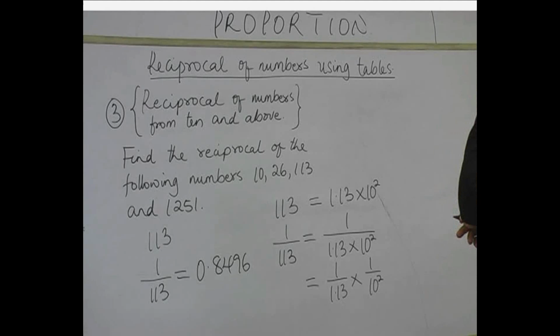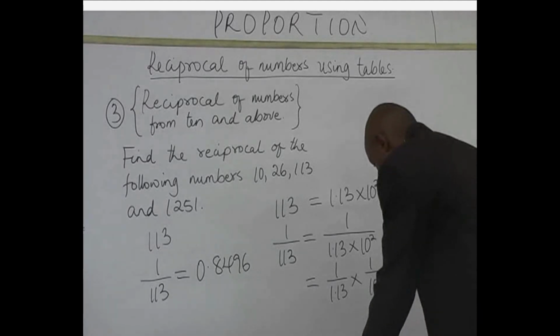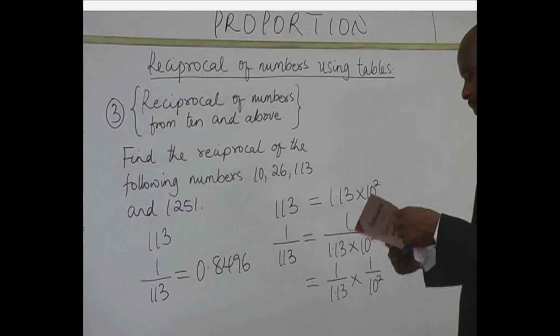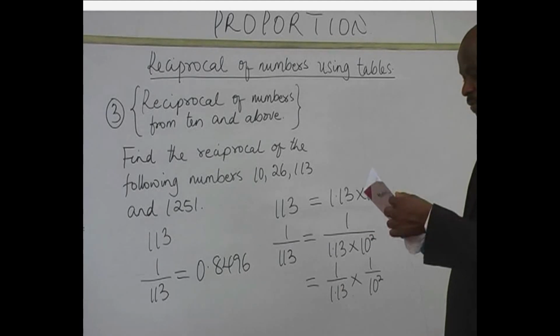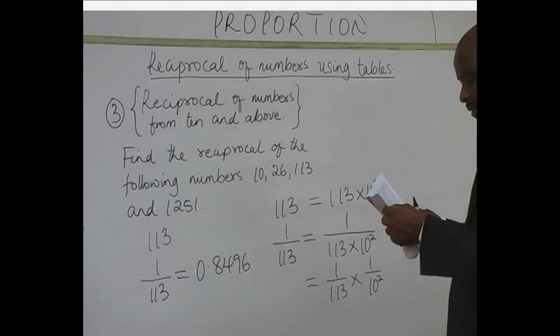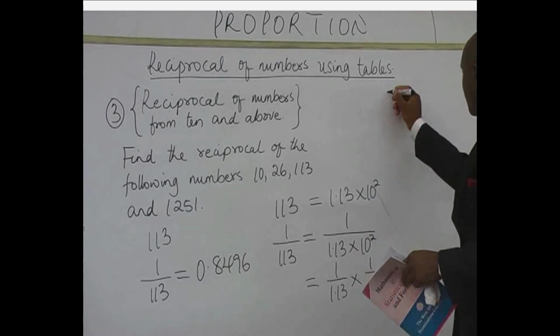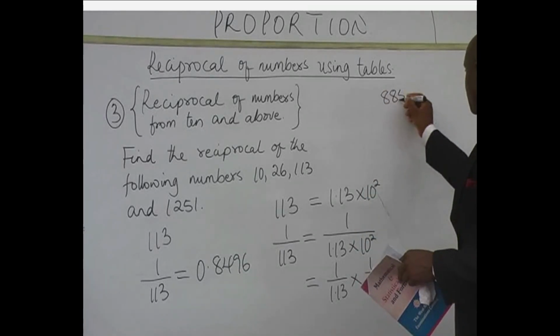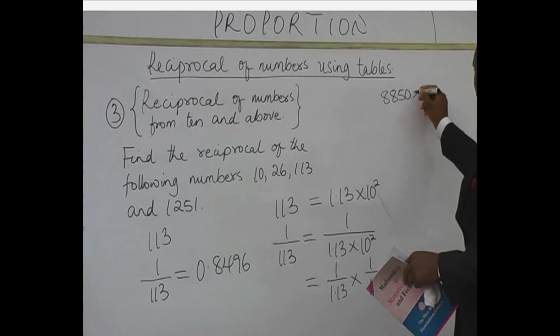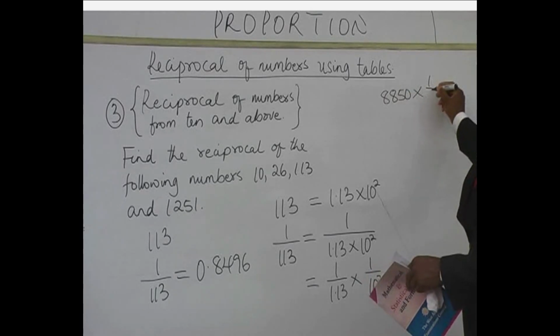Now you are going to go to your four-figure table. Find 11 under 3. 11 under 3 is giving me 8850. So I have 8850. Now times 1 all over 10 exponent 2.